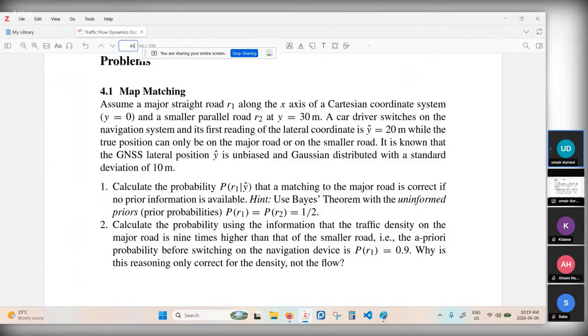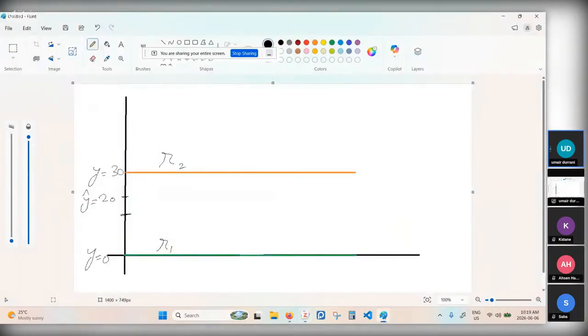While the true position can only be on the major road or on the smaller road. The vehicle is actually either on R1 or on R2, but the coordinate that the driver got from the navigation system about where he is is 20 meters, right? So the difference here between 0 and 20 is 20 meters.